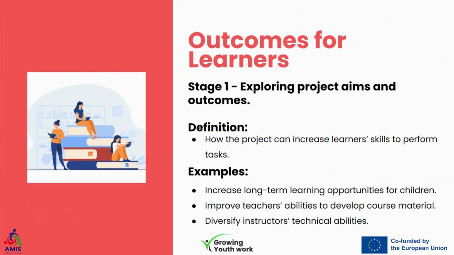Examples of different outcomes for learners could be to increase long-term learning opportunities for children, to improve the teacher's abilities to develop course material or to teach, or to diversify the technical abilities of different types of instructors.